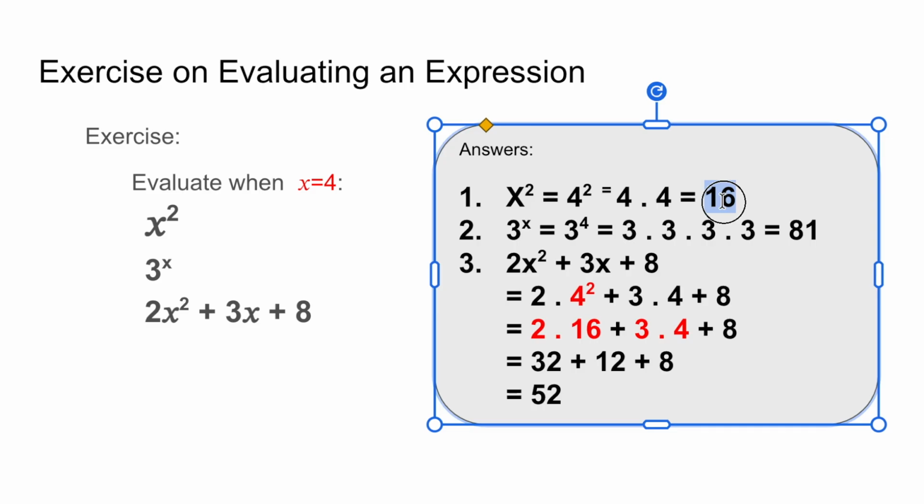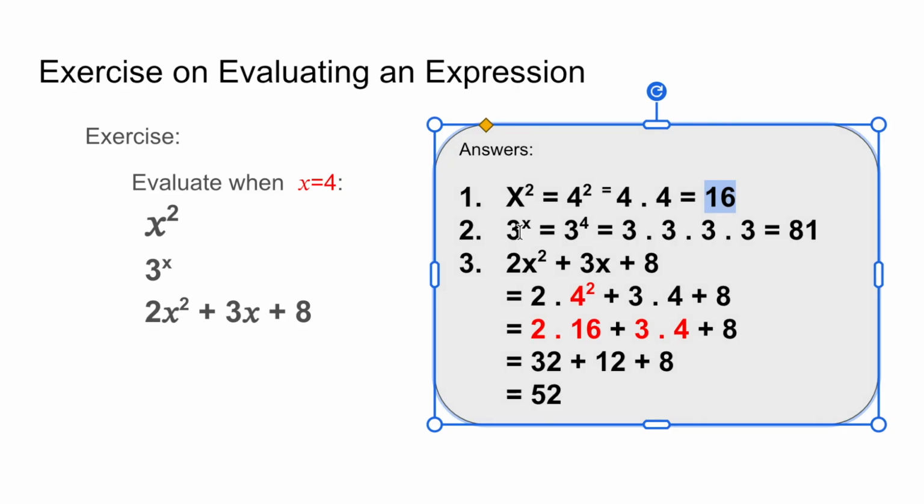We'll be seeing a lot of these things, but for now you should know that for an exponent of a number, you have to multiply the number that many times. The exponent is this 2, and the number is 4. So you have to multiply 4 the exponent number of times, that is 2 times here. 4 times 4, which becomes 16. So x square in this case, given the value of 4 for x, becomes 16.